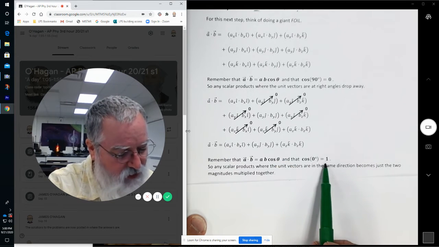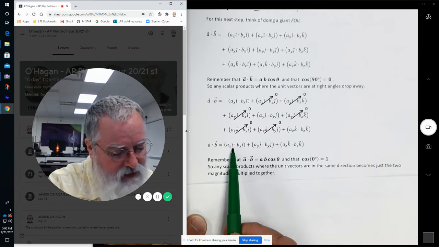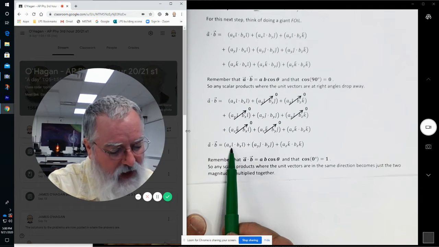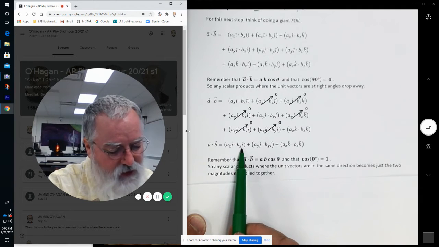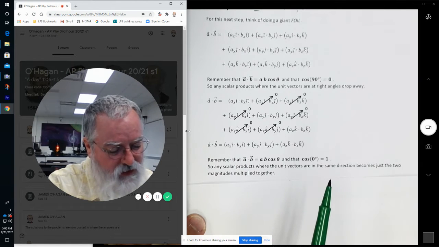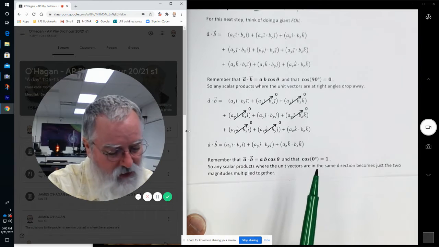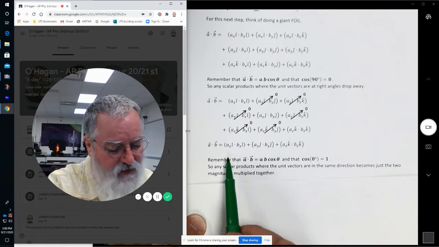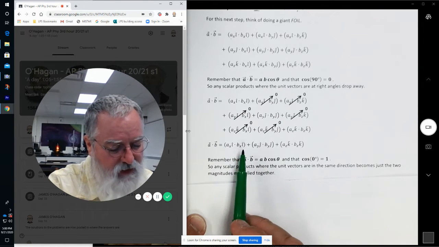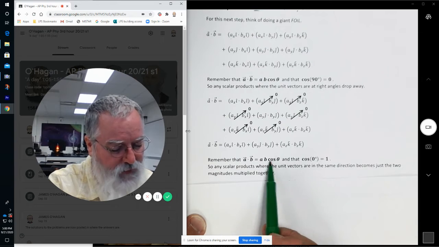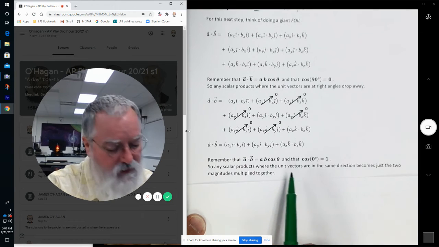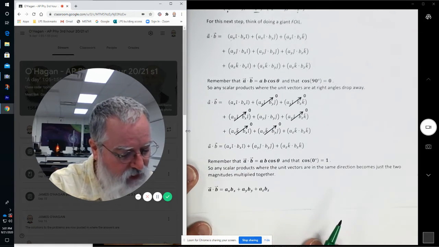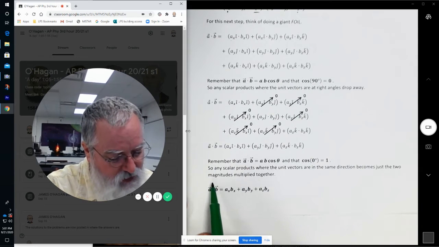So when I take i hat and dot that with i hat, the angle between those two vectors is 0, so the cosine theta part becomes a 1. It ends up just being the A part multiplied by the B part, because the two directions give rise to a 1 coming out of this cosine. So in the end, here's what you end up getting.